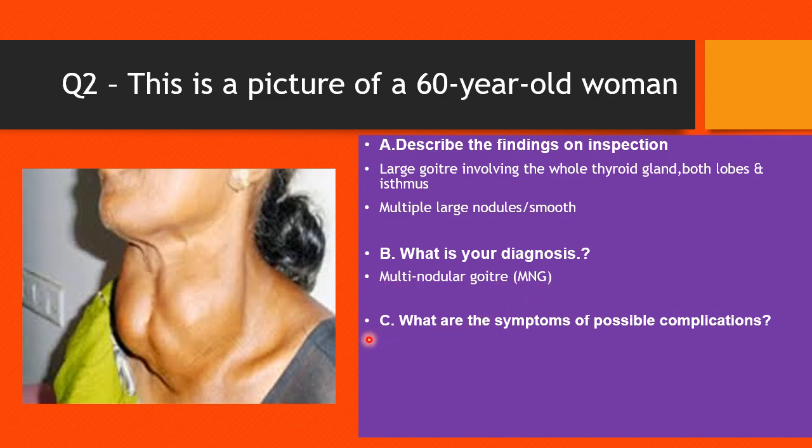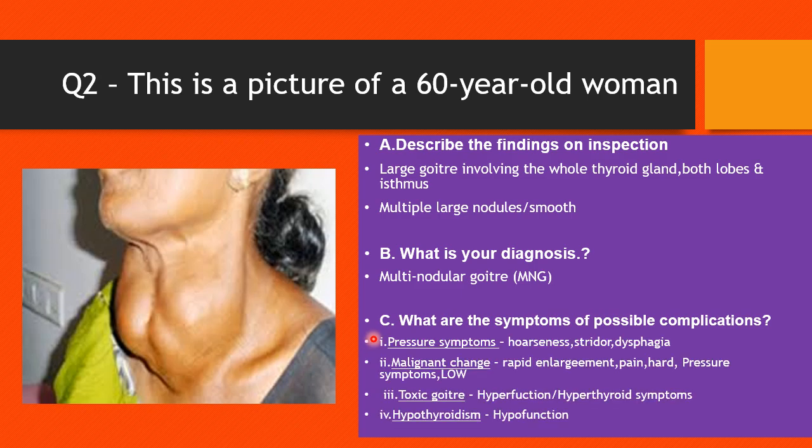What are the symptoms of possible complications of this lesion? First, you have the pressure symptoms: hoarseness, stridor, and dysphagia.